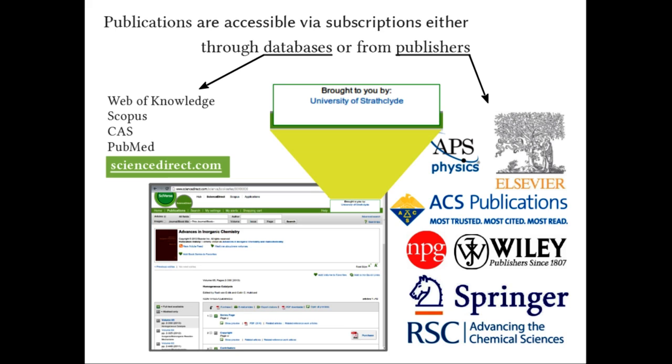The publishers are those who own the content, and they also put the articles on their websites. What is important is that you get access to your articles from the publisher or from the database, because the University of Tartu, or maybe some other university as written here, University of Strathclyde, they pay for the access.